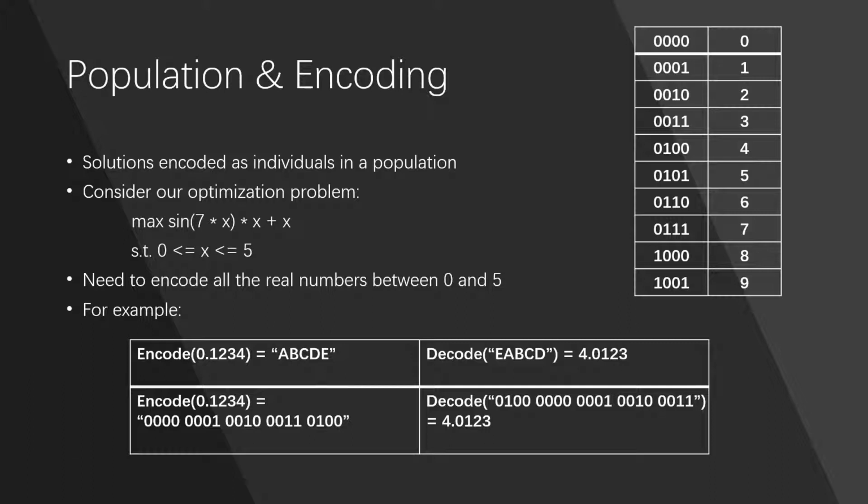But you might know that in computers, numbers are in binary codes. So in our problem, we use binary codes for implementation. You can also refer to a table here to do the encoding and decoding of binary codes. I should say why we need codes here.